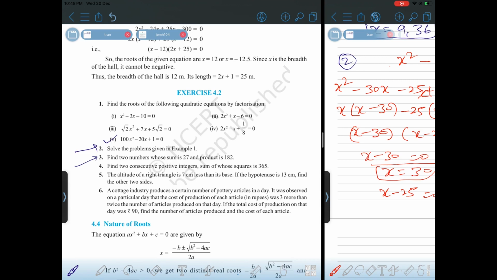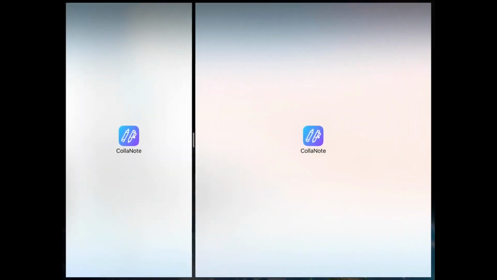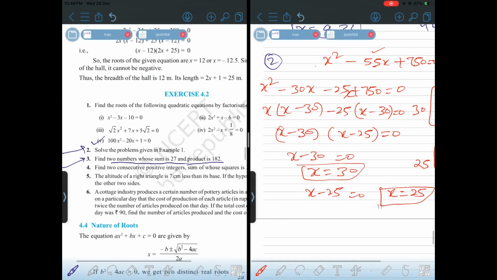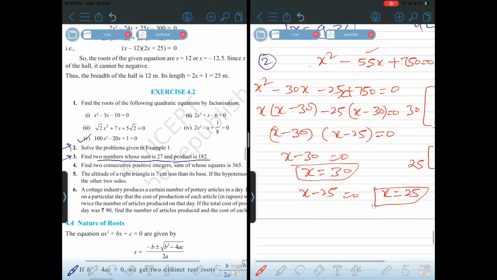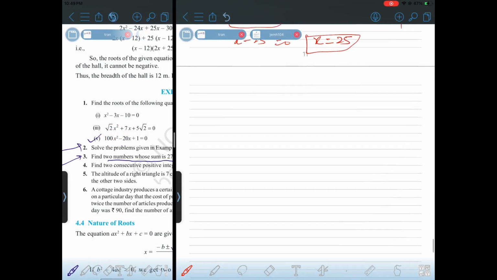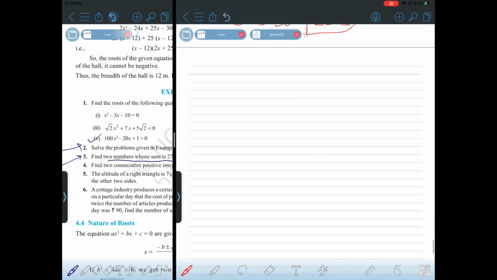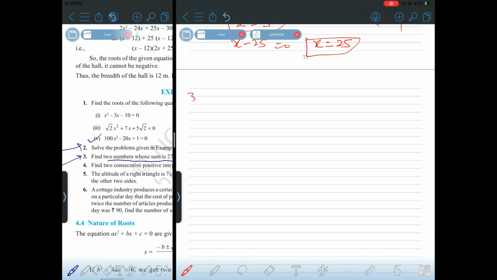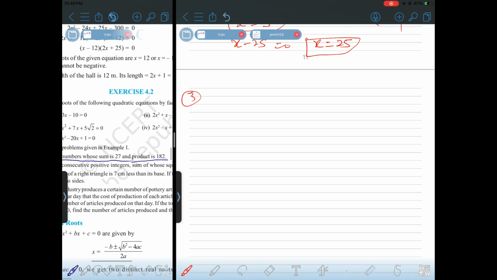Question number 3 says, find two numbers whose sum is 27 and product is 182, right? So let me maximize this screen. Question number third says that we want two numbers whose sum is 27.